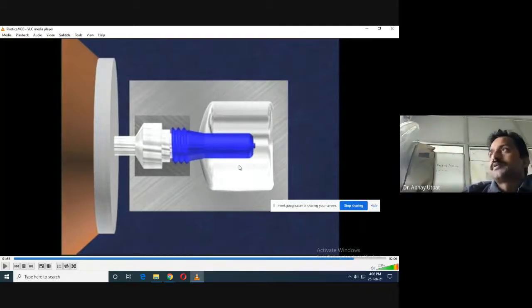This blue part is the parison. Okay, this is the neck, and now this will be blown. The bottom part will be blown. Check it.